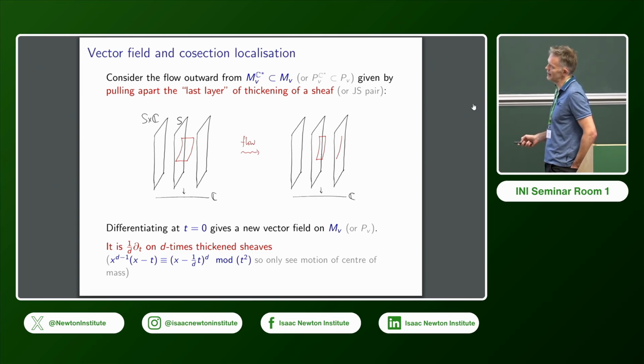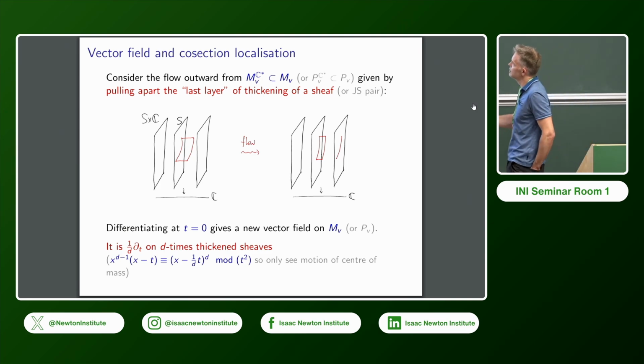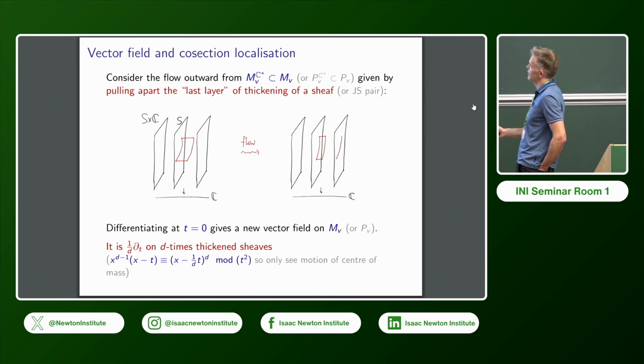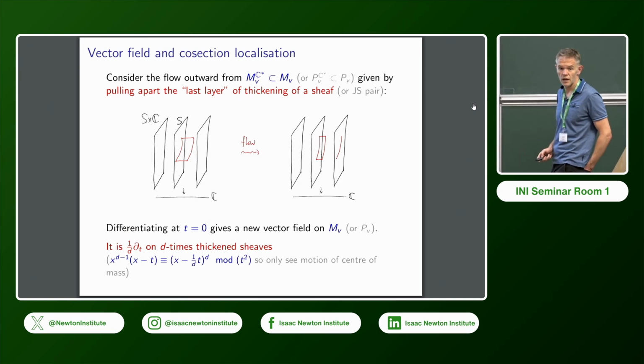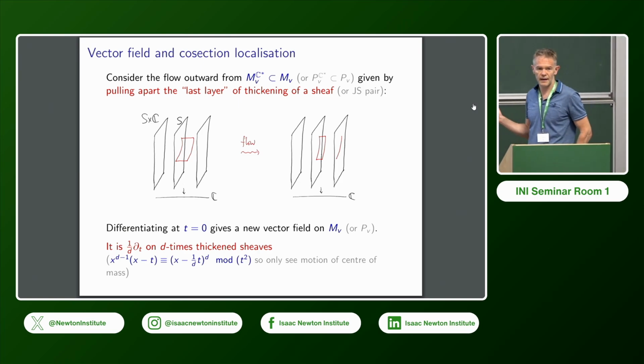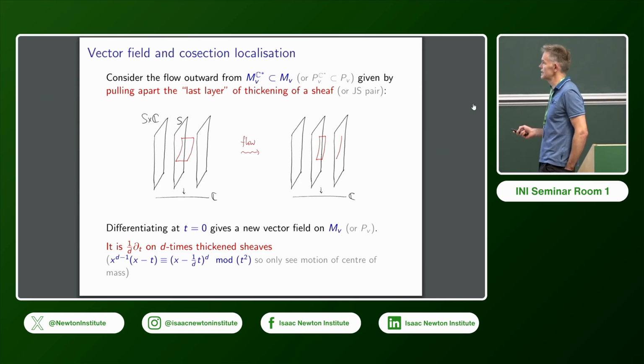So if there was no red bit, so if we took a uniformly thickened sheaf, like in this picture, the vector field you get from this flow, so peeling off the last layer, is the same thing to first order in t as just moving the whole sheaf at a slower speed along the C direction. Okay, so you shouldn't be happy with that. That should be a surprise.